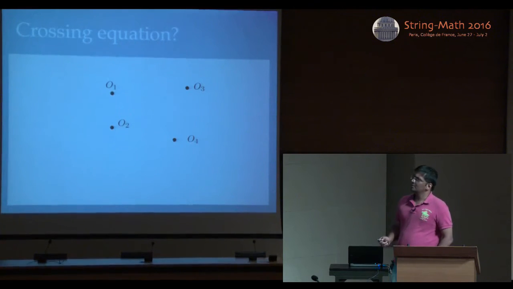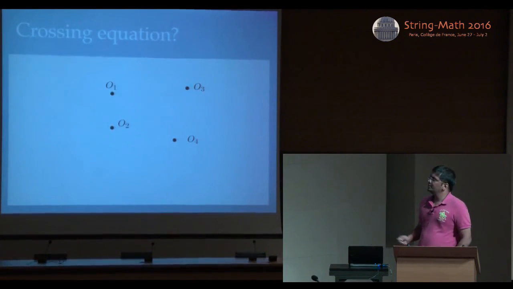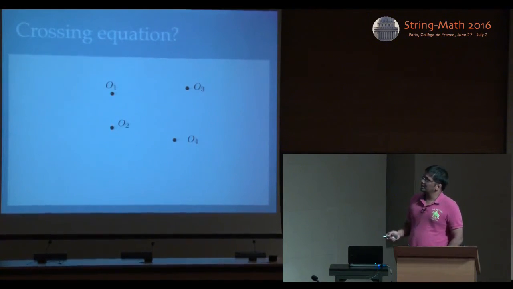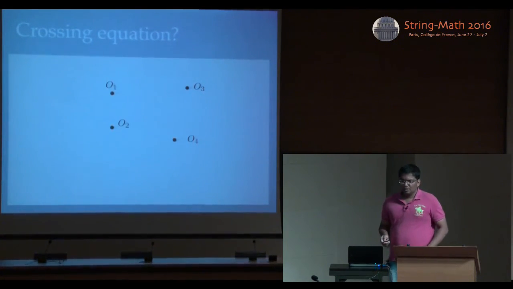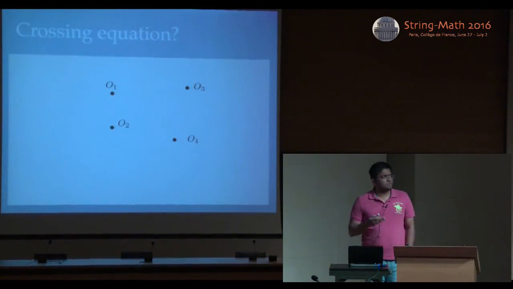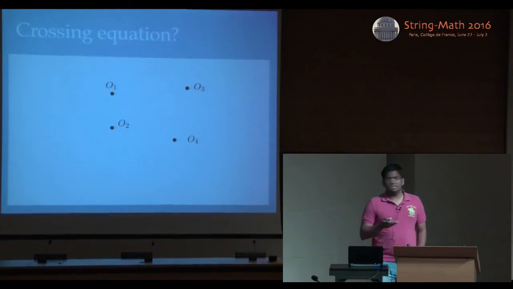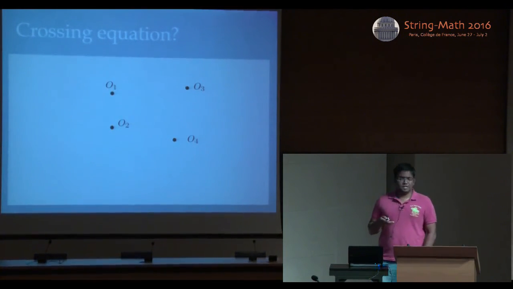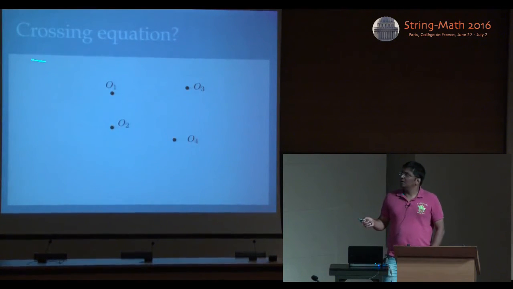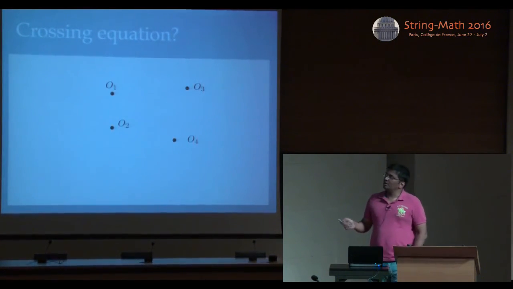Okay, so let me leave you with a problem that I consider interesting as well as important. When we say that the correlation function of local operators is completely fixed by conformal symmetry, not only is it fixed in terms of 3-point functions, but even that data is fixed using what we call the crossing equation.